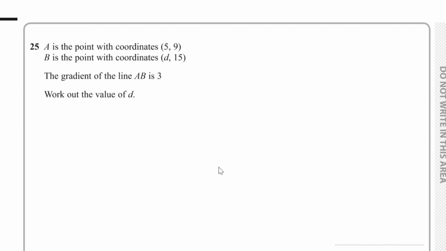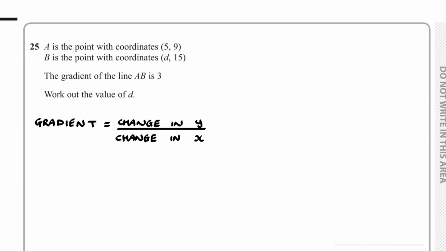Question number 25. A is the point with coordinates 5, 9, and B is the point with coordinates d, 15, and the gradient of the line AB is 3, and we have to work out the value of d. Well, first of all, the gradient is given by the change in y over the change in x.